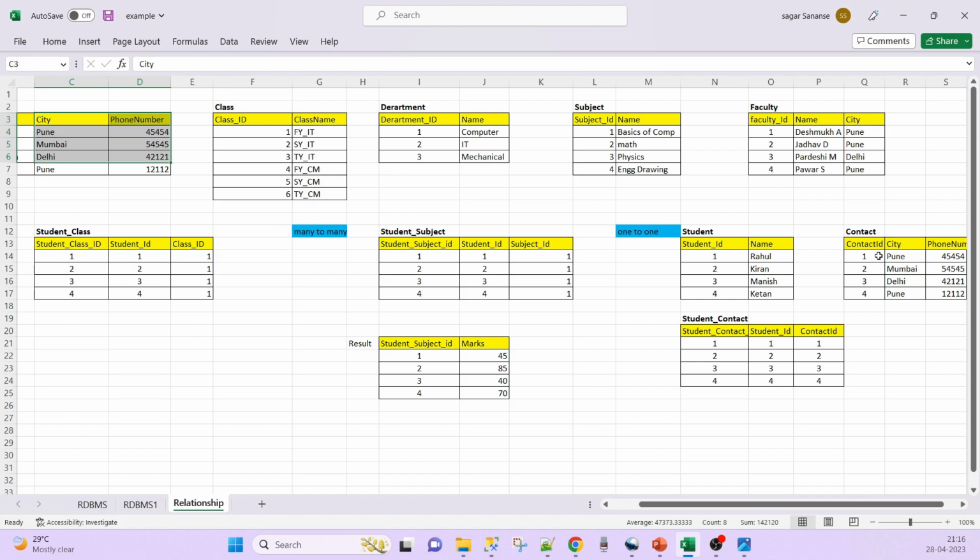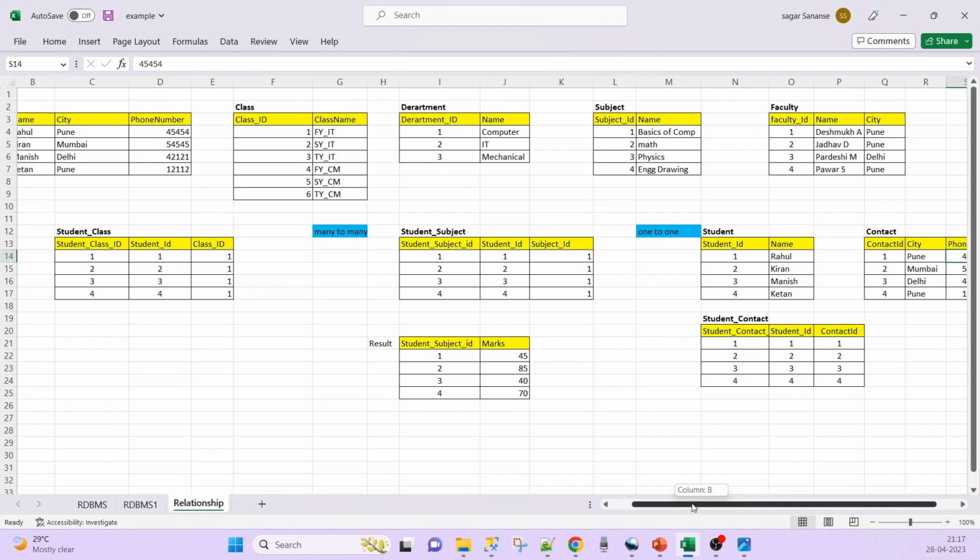Normalization is the term meaning we are reducing redundancy. So here is the one to one relationship: there is one ID, there is Pune, and when these two tables are joined together we get the data Rahul, Pune and 45, whatever number it has. This is nothing but the one to one relationship.